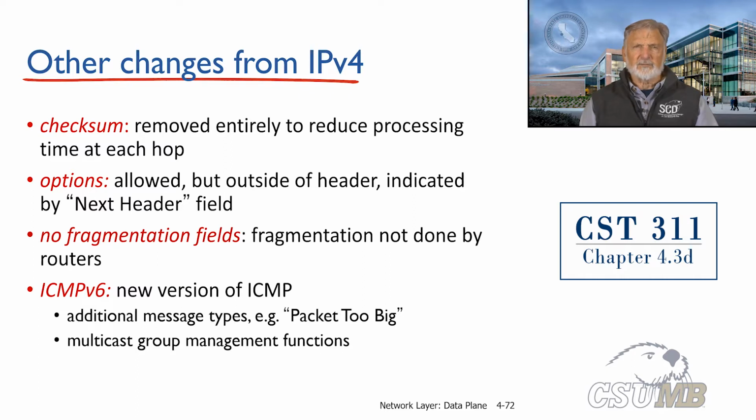For this to work, the source host must determine the smallest MTU on its packet's route to the destination host. In other words, the source host must be able to determine if its packet is too big along the entire route from source to destination. To enable this capability, IPv6 incorporates a new version of ICMP.